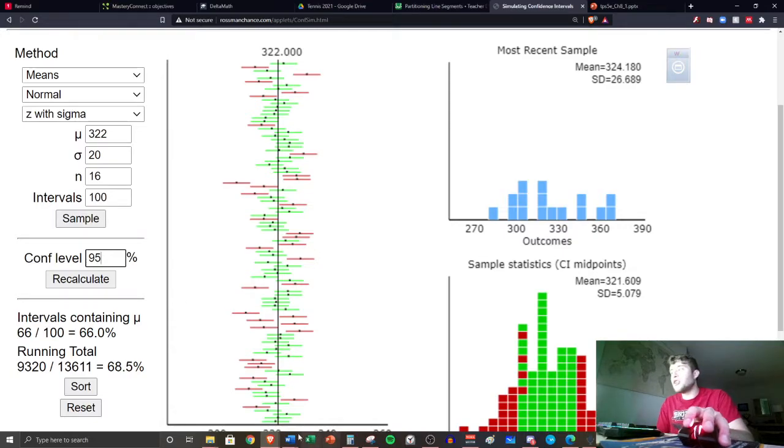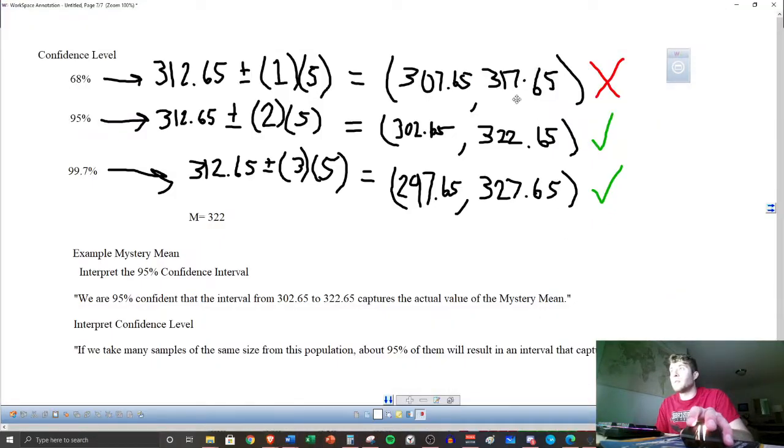Well, how did that change our intervals here, right? Well, the only thing that changed was the critical value. So increasing the confidence level changes the critical value, which does what to this interval? Well, you'll notice that we were able to capture it when we went to 95% because it widened that interval.